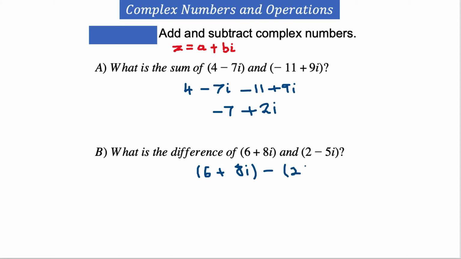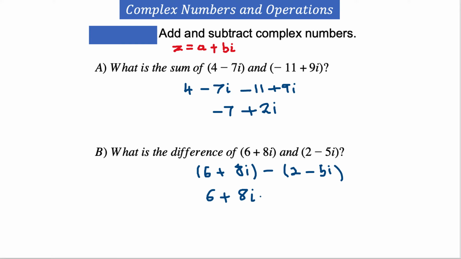We cannot write this in the same way as we did with the addition. We write the negative sign in front, and we already know this negative sign has to distribute in the second number. The first number is 6 plus 8i, and the negative sign we are distributing in the second number.